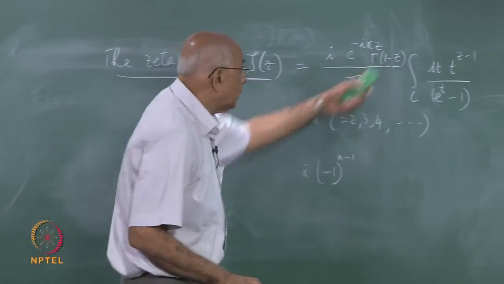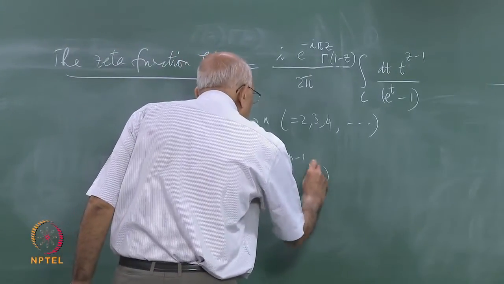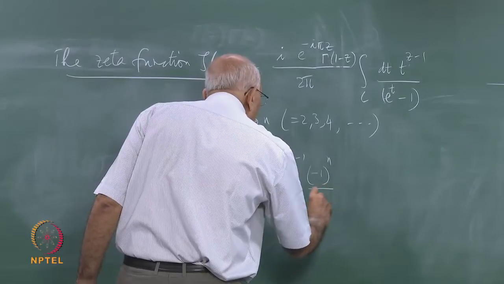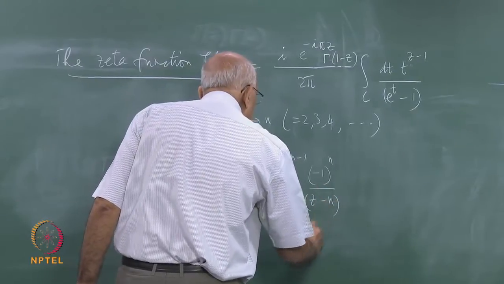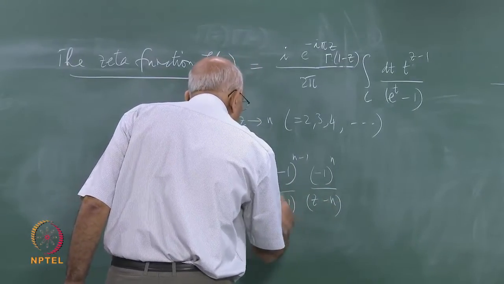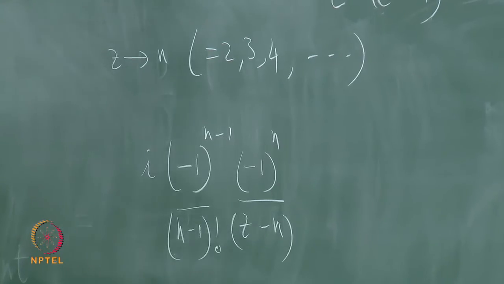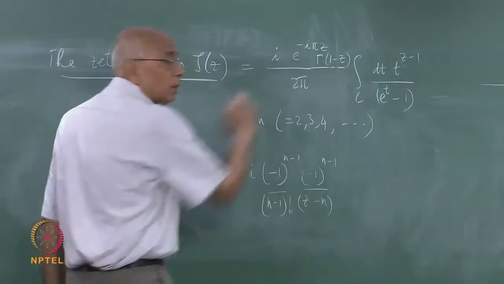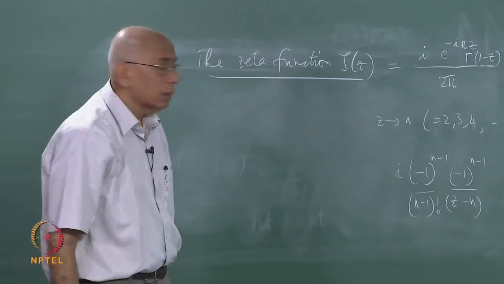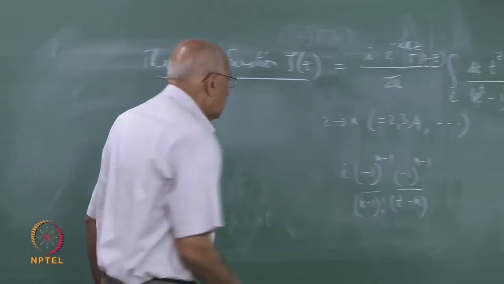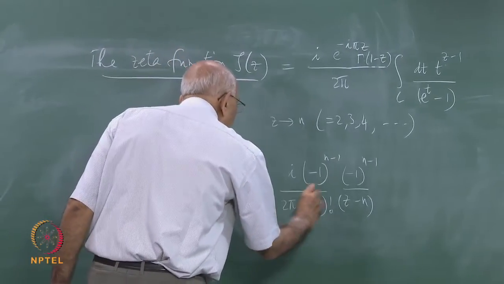And then this gamma function, well that has got a singularity, so this looks like minus 1 to the n over z minus n, and then there is an n minus 1 factorial, minus 1 to the power n minus 1, because that is what the negative integer is, minus of n minus 1, and there is a 2 pi also sitting here.